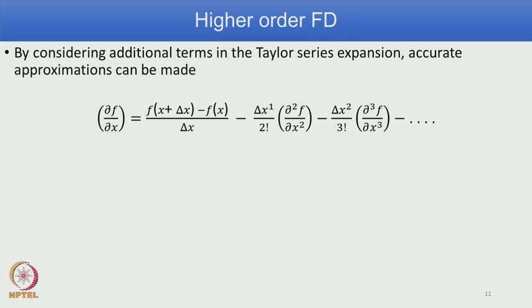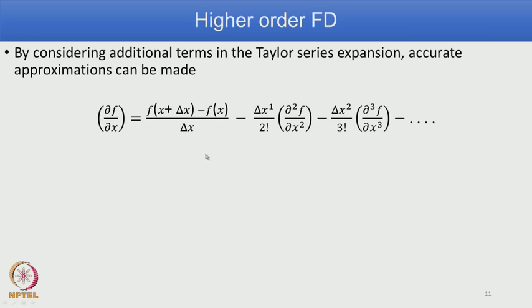It is possible by considering additional terms in the Taylor series expansion, and that is what we are going to see, that is known as getting a higher order finite difference scheme, again for any derivative, first derivative, second derivative or any other derivative.